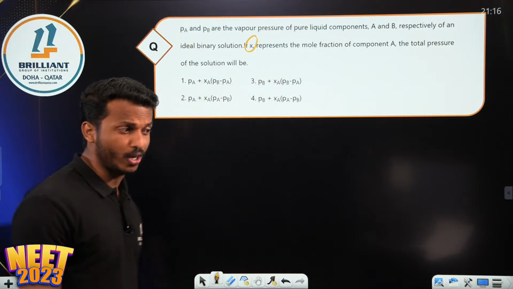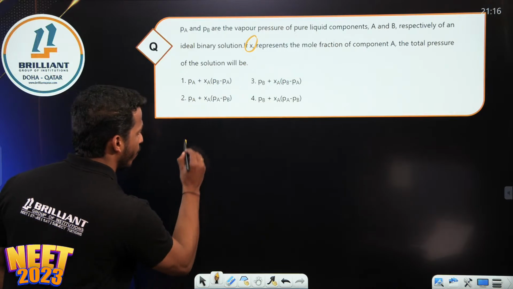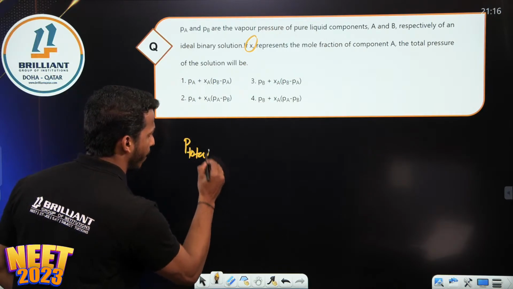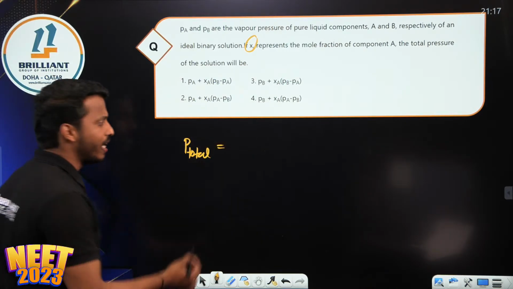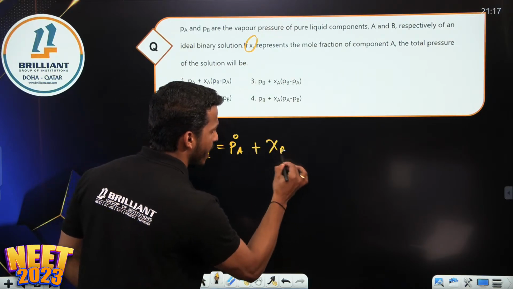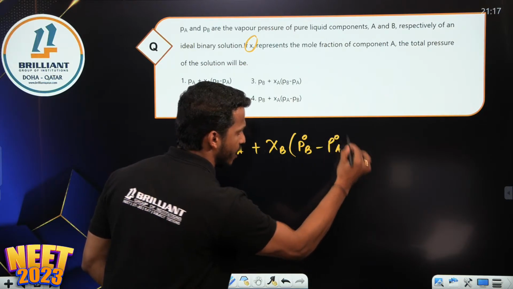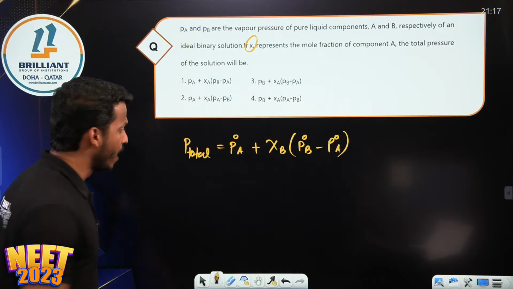Most of them are going to option 4. Let me check it. We have the equation P total is equal to P0 A plus chi B into (P0 B minus P0 A). This is one of the possible equations.